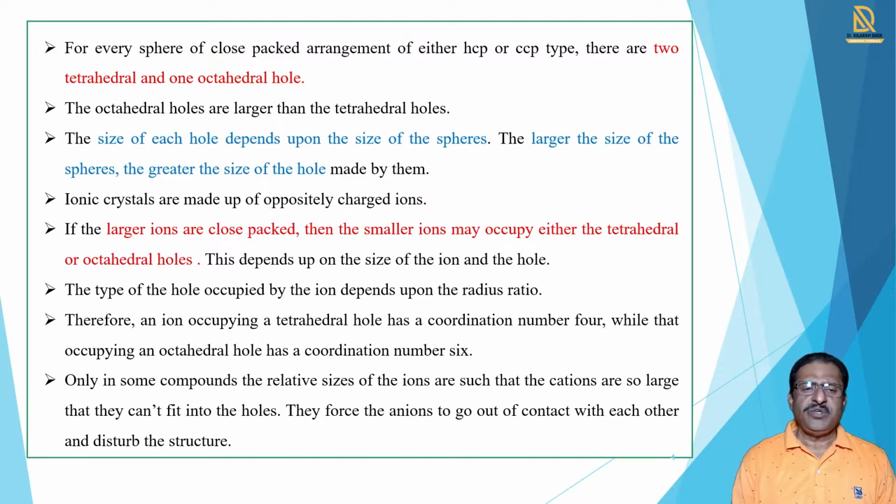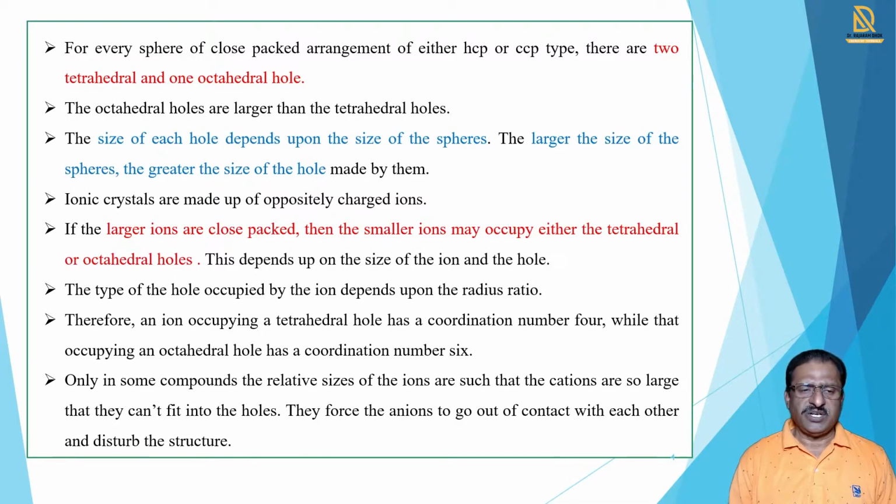The size of each hole depends upon the size of the ions. When there is a large size of ions, then there is a larger size of the hole. When there is a smaller size of the ions, then the void formed in between is also a small space.